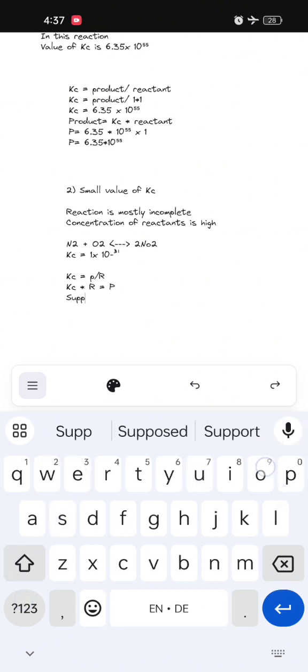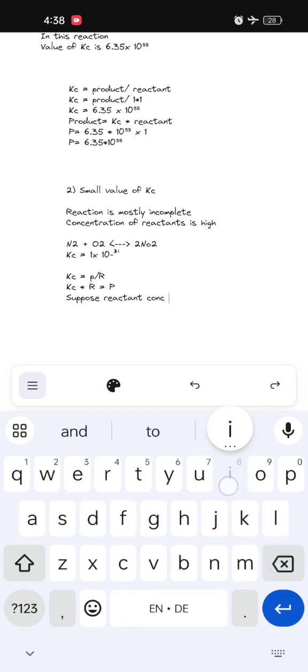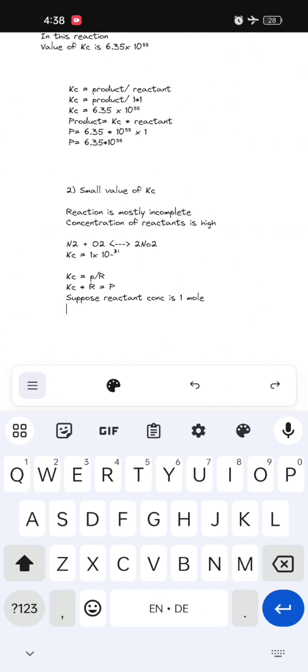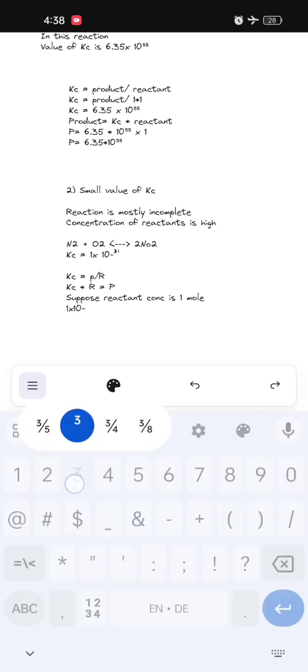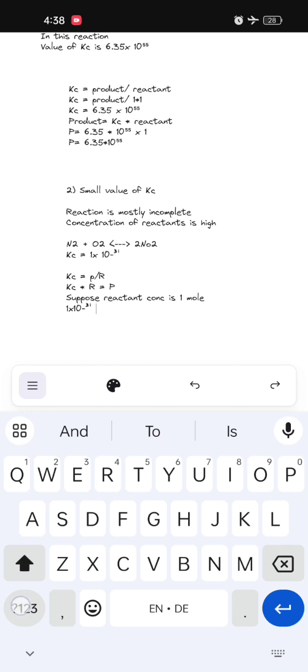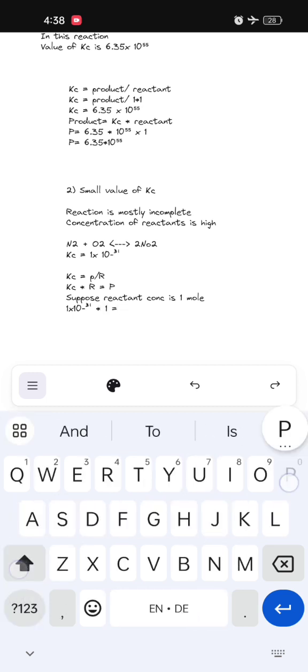Suppose the reactant concentration is 1 mole. We have reactant concentration 1 mole. So the value of Kc, 1 into 10^-31, multiplied by 1 is equal to product.